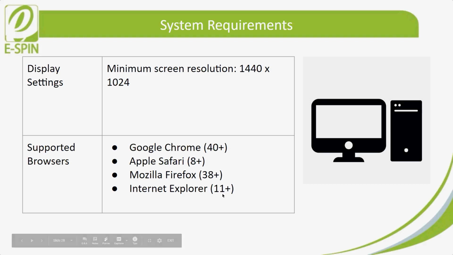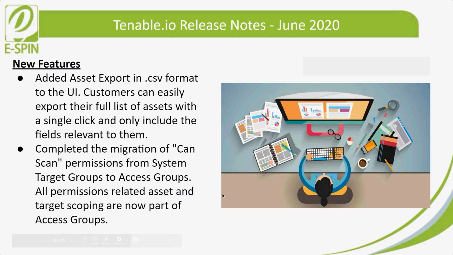Okay, this is a new feature based on the latest release notes that have been released this month, June 2020. The new feature added is Tenable added a new feature, asset export in .csv format, to the user interface, so customers can easily export their full list of assets with a single click and only include the fields relevant to them.